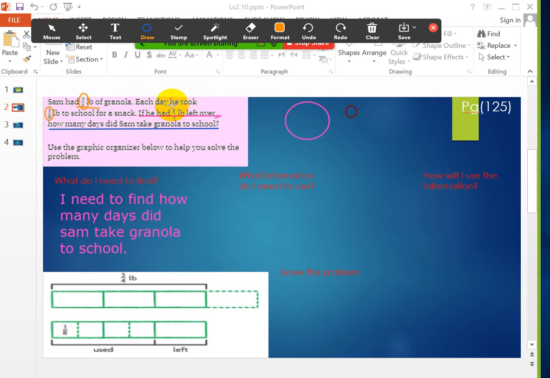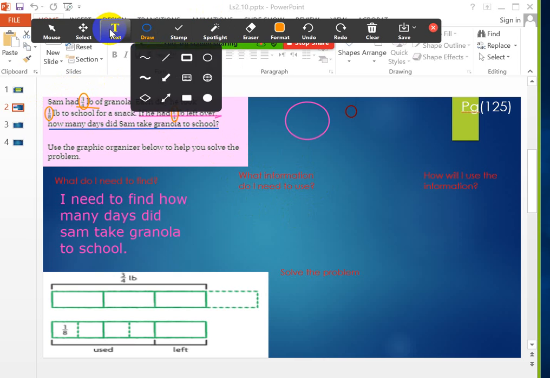And the third one is the amount of granola left over. Left over, that means rest in your bag. So information means the numbers in your problem.